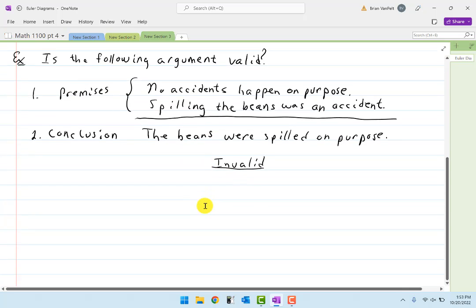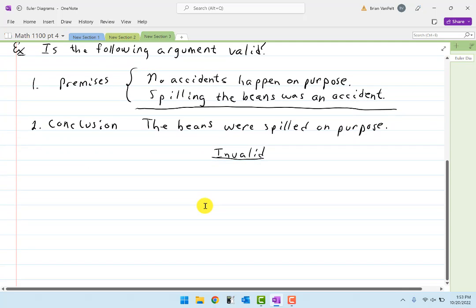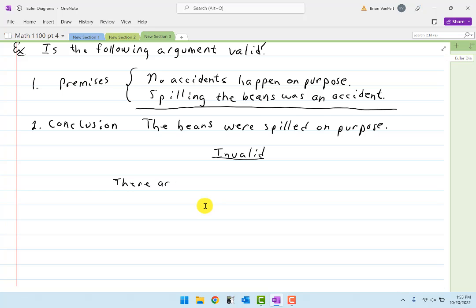Let me see if I can write it up here. Let's take a look. There are spilled beans. What do the two things tell us that should have been the result? If there are spilled beans, we know that it was an accident. And we also know that accidents don't happen on purpose.